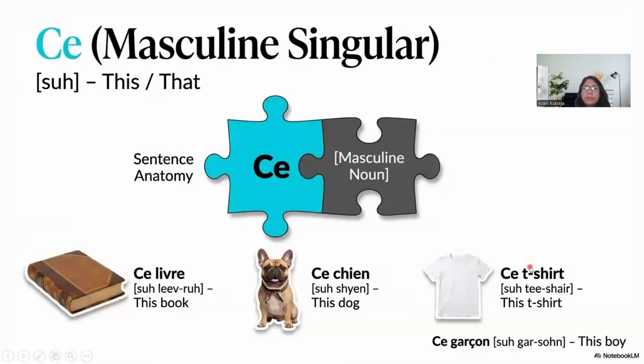Let's see more examples. If I want to say this book, I'll say ce livre. This book or that book, because ce translates as this or that. Ce chien is this dog or that dog. Ce t-shirt is this t-shirt or that t-shirt. Ce garçon is this boy or that boy.